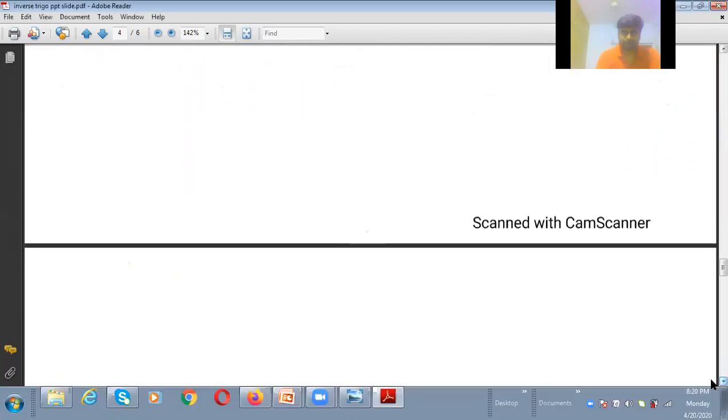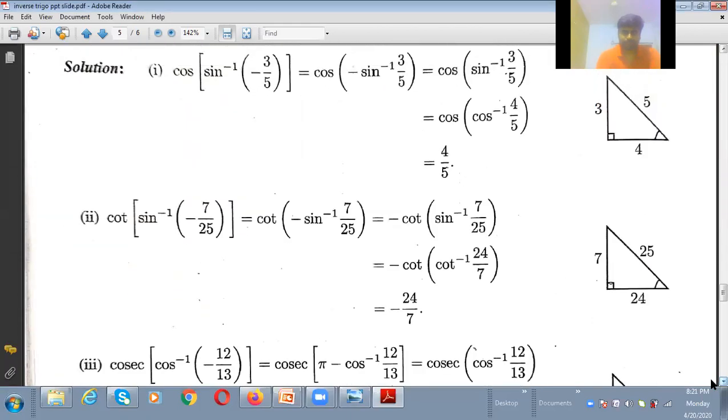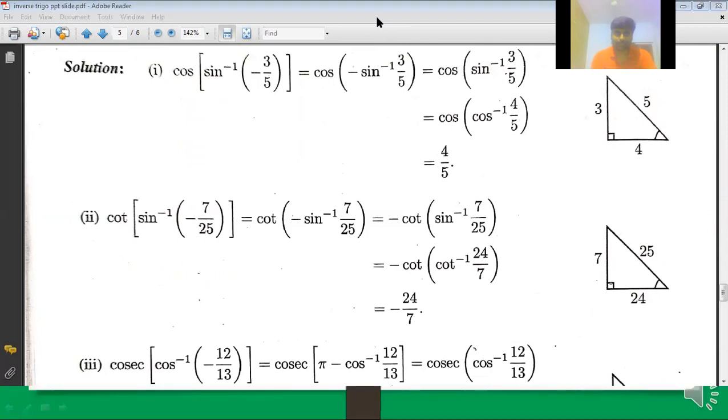Now in this, you can observe, first of all, we should write minus outside there. After that, this one we can convert into cos inverse of 4 by 5. So cos inverse cancel now. So 4 by 5 is the answer.